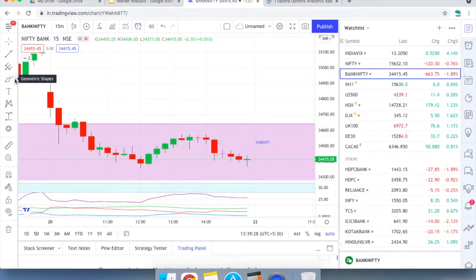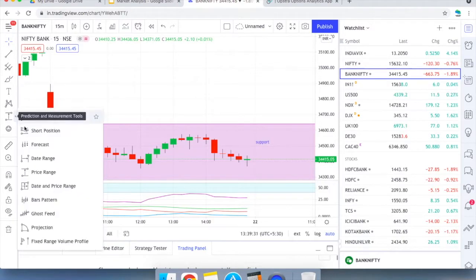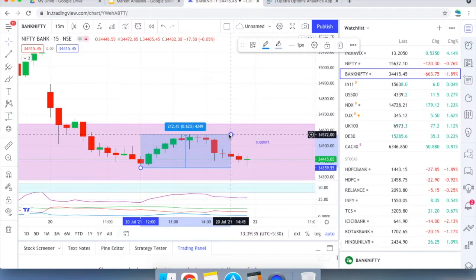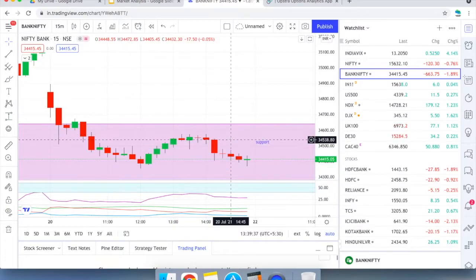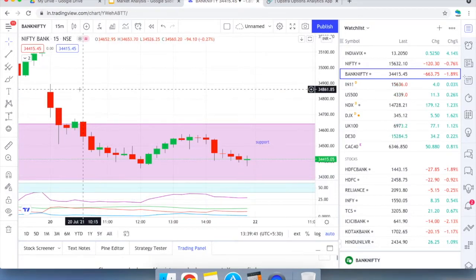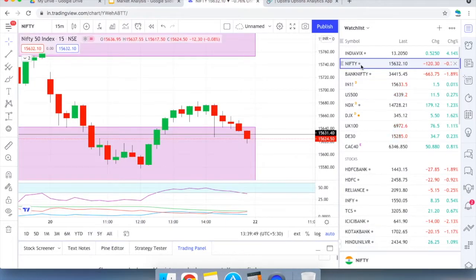It reversed once the European markets were open, but it could not go much. It just made 200 points of gain, and then lost almost all of that, and went back to a total loss of 660 plus points. It's more bearish than the Nifty, which lost 120 points in a day.